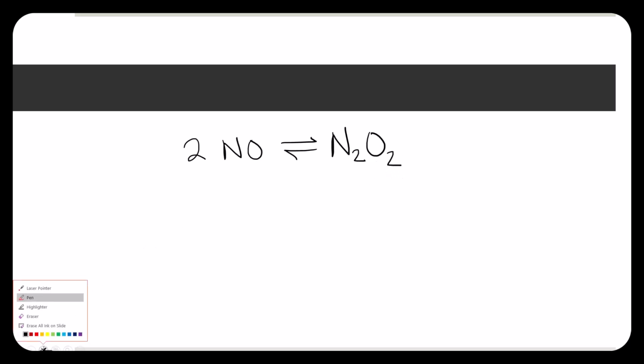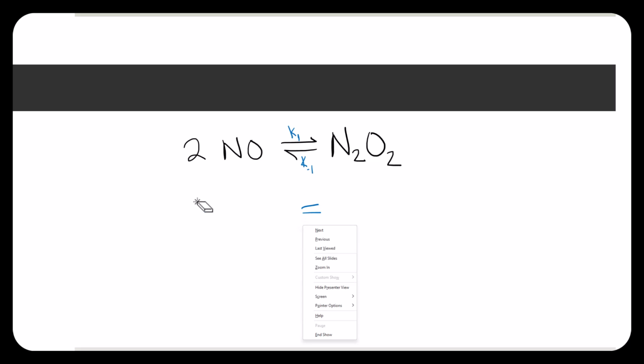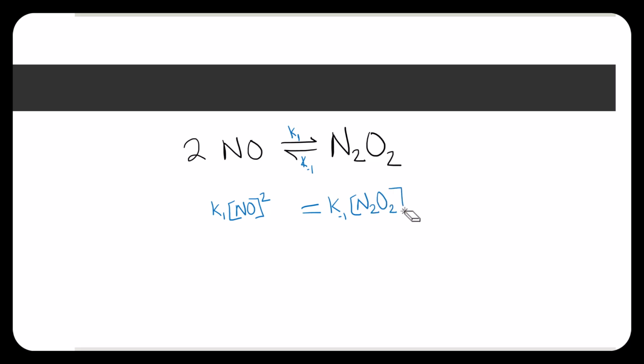Remember, there is a constant associated with each of these reactions. The forward reaction is k1. The reverse reaction is k negative 1. It's in equilibrium, so the rate of the forward equals the rate of the reverse. I can set these two equal to one another. For this side, k1 is times the concentration of NO squared, and k negative 1 is times the concentration of N2O2.